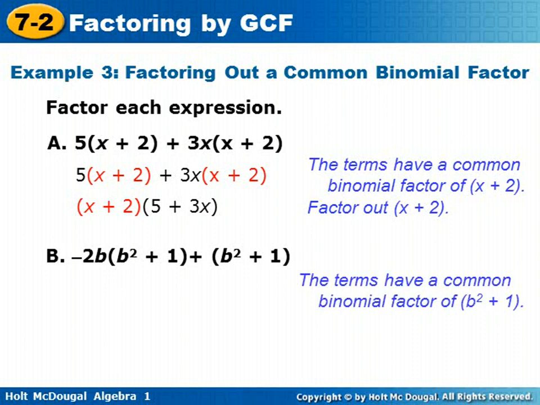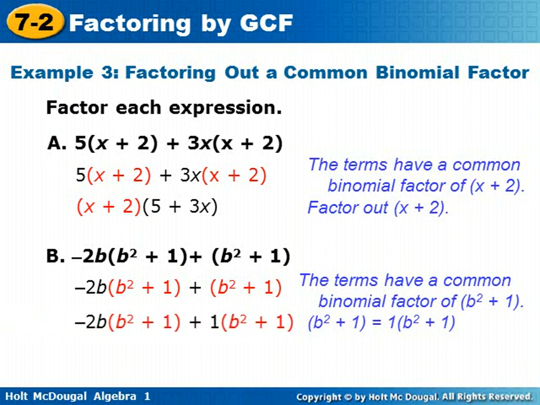For b, we have negative 2b times (b squared plus 1) plus (b squared plus 1). Both terms have a common binomial factor of b squared plus 1. Please remember that b squared plus 1 does actually have a 1 being multiplied on the outside, but we don't need to write it.